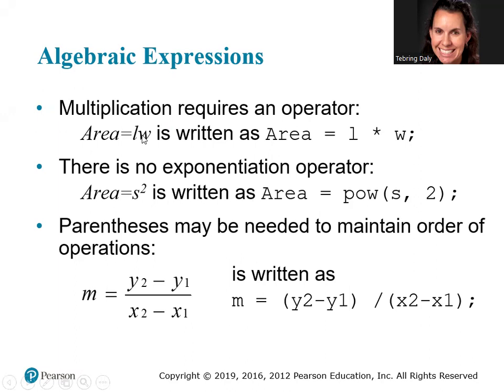You cannot put variables next to each other like that and just assume it's multiplication. So you need to put the asterisk for multiplication. Okay. You cannot put it like this. You have to write it like this. For power, there's actually a function called POW, which stands for power of. So you would do like s to the power 2. You can't write it like that, okay?